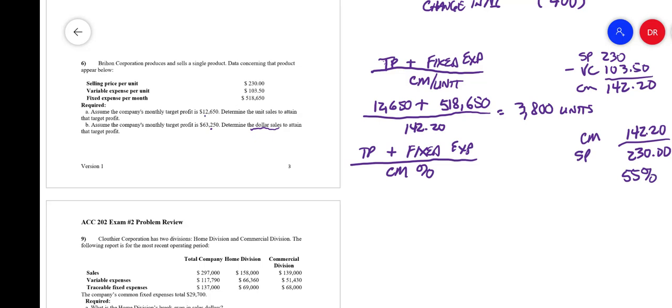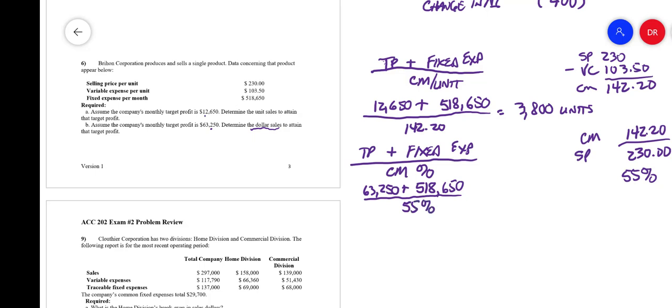Okay, so we're going to go back and plug these numbers in the formula. So the target profit is now $63,250 plus 518,650 divided by 55%.